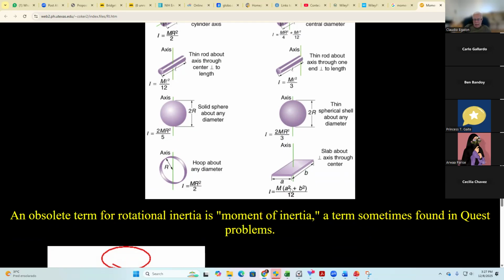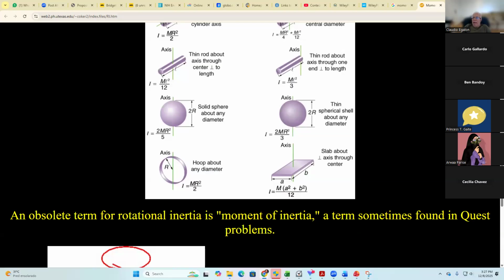And because the axis is at the edge, at a distance L, you have to add another ml squared. L, in this case, would be b over 2, okay?